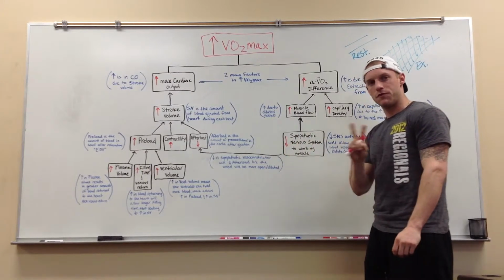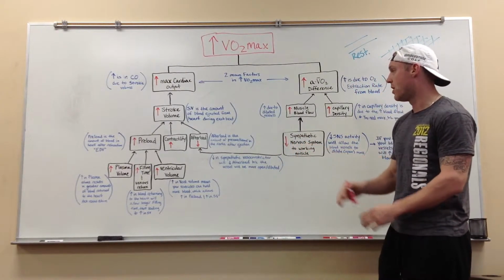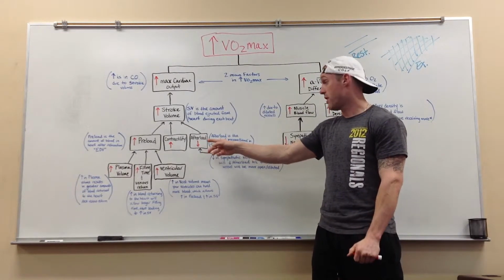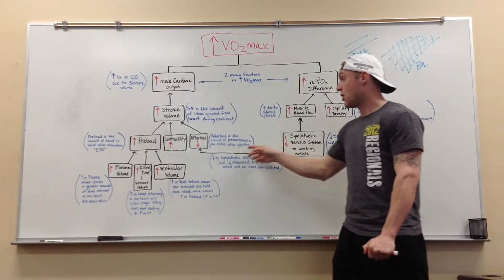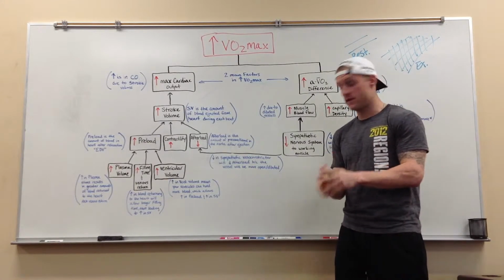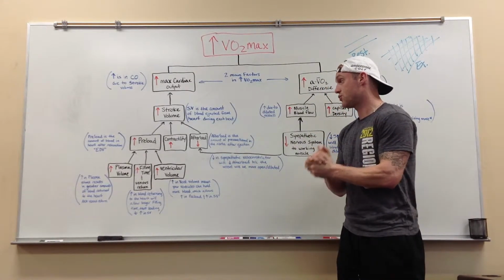So this has two effects on the heart. If we have a decreased sympathetic nervous system effect on our afterload, and remember our afterload is the pressure that is left in the aorta after ejection, it is going to increase our stroke volume.